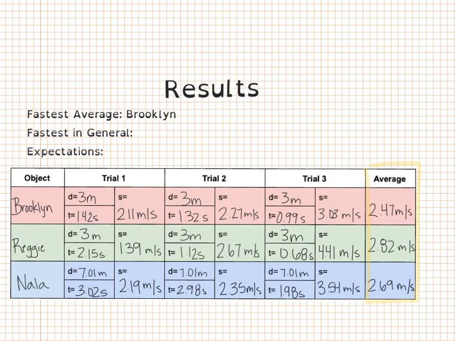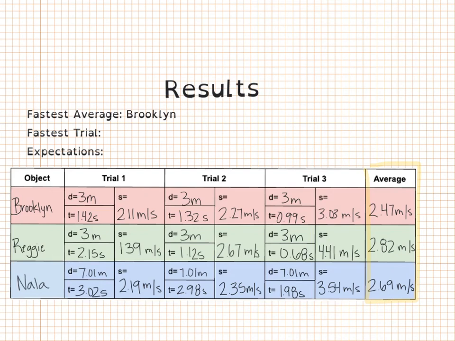Now let's look at who has the fastest overall time, or the fastest overall speed in one instance. So, I should probably make that say fastest trial. So, who had the fastest trial? I believe it was actually Reggie.